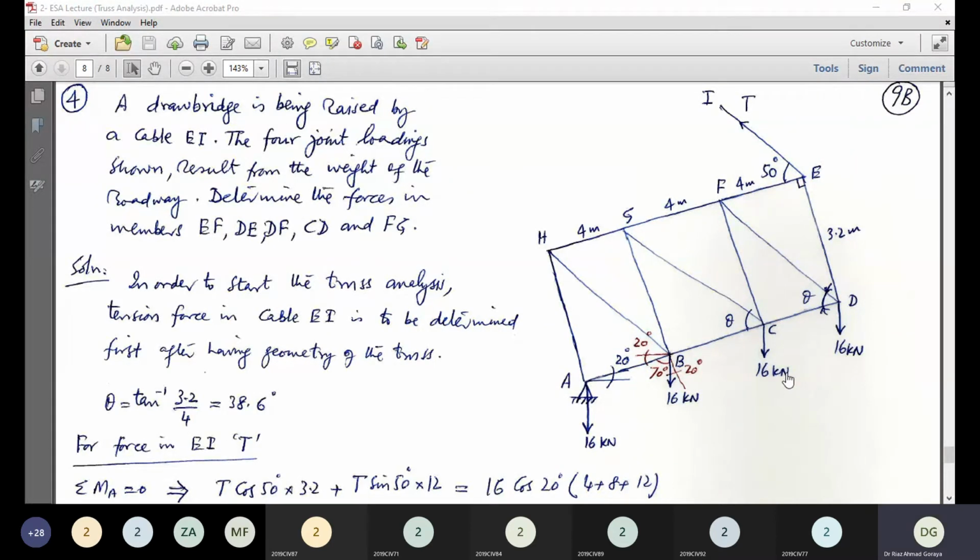Please switch on your cameras. अपने कैमरास को ऑन करें. और बाकी किधर हैं?